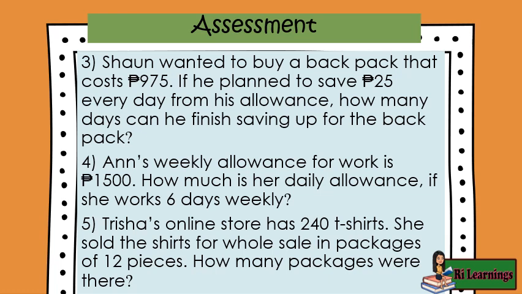If he planned to save 25 pesos every day from his allowance, how many days can he finish saving up for the backpack? Four, Anne's weekly allowance for work is 1,500 pesos. How much is her daily allowance if she works 6 days weekly?